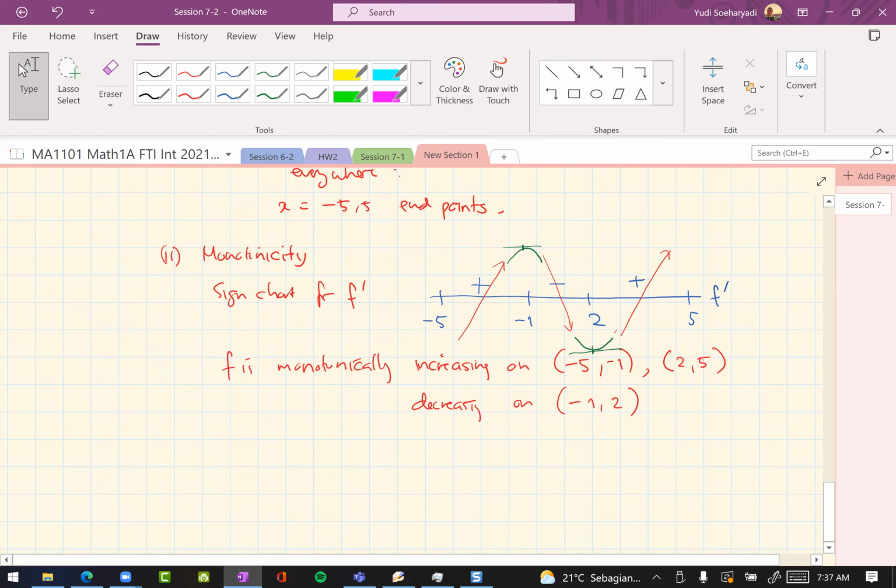So now where would the max be located? You would guess. Where to find the max? How to find the max?